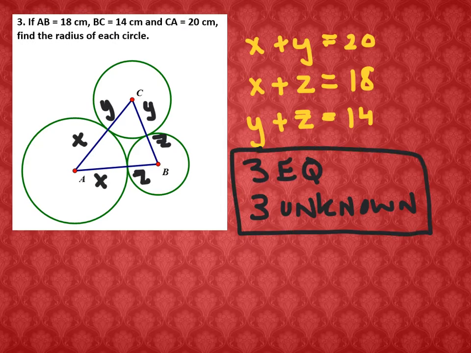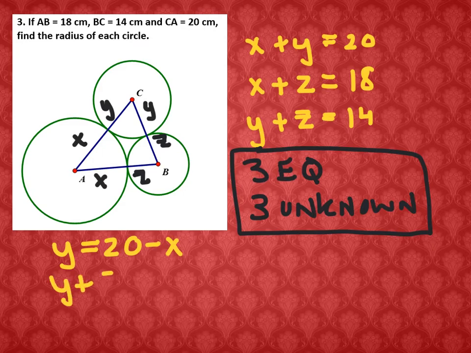So, I'm not going to do it all because this is a good little problem to do. But, for instance, if you took the very first equation and wrote it in terms of y, which would be 20 minus x, you could plug that into the third equation, which says y plus z equals 14.